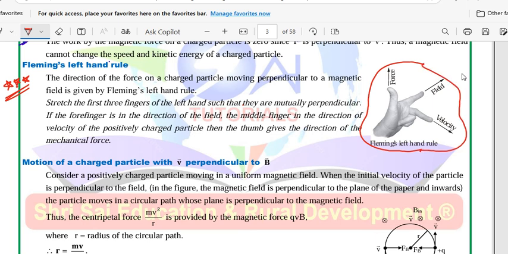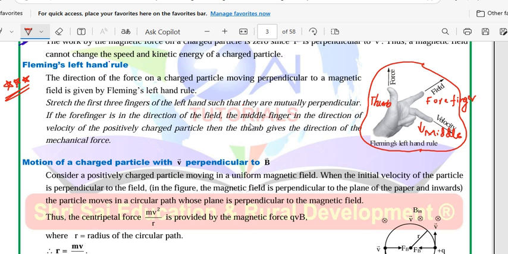Fleming is one of the scientists who derived the left hand rule in magnetism. So according to Fleming's left hand rule, this is the thumb, this is the forefinger, and this is the middle finger.